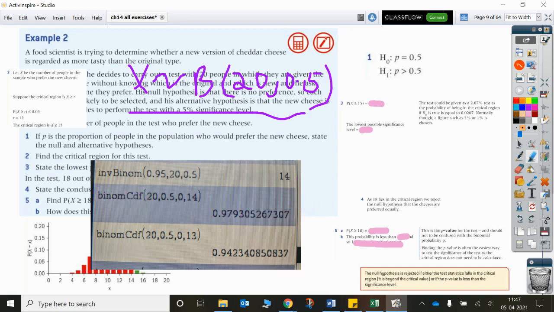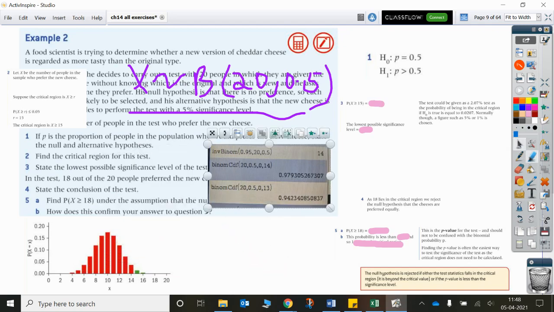So then I tried binomial CDF 20, 0.5, 0 to 13, which actually wasn't necessary. And I found, there we go, that was the first time that I came underneath 95% there. But yeah, that means that this, from 13 downwards, is, I don't know, 94% or something.